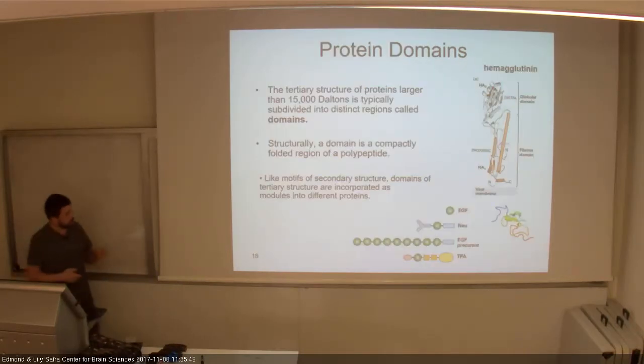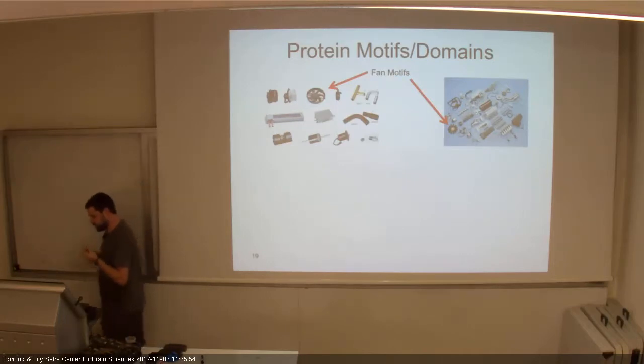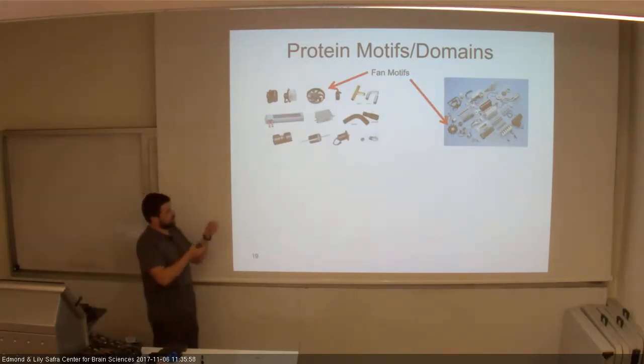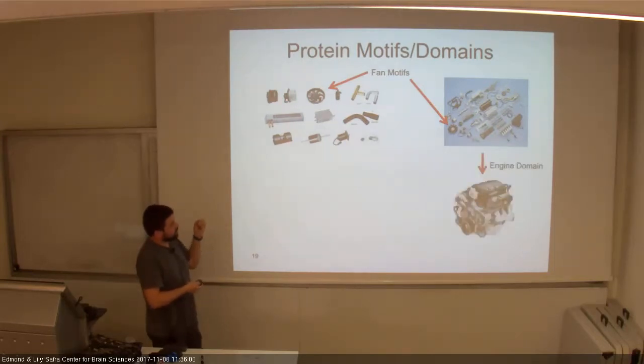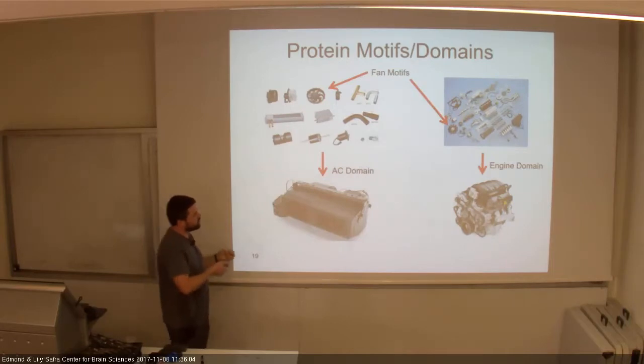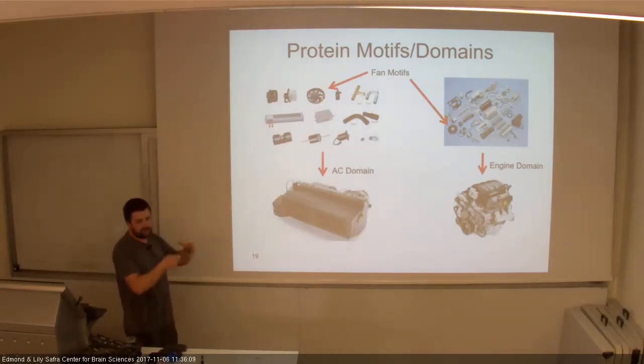A nice way to show in metaphor what exactly motifs and domains are, if we're talking about proteins, is to try to define the parts of an engine and the parts of an air conditioner. We will say, for example, that both of them have fan motifs.